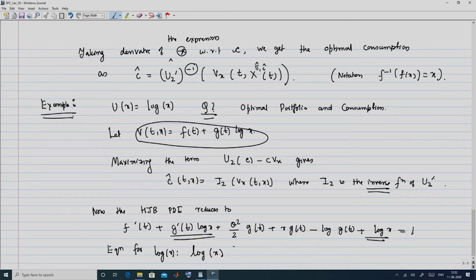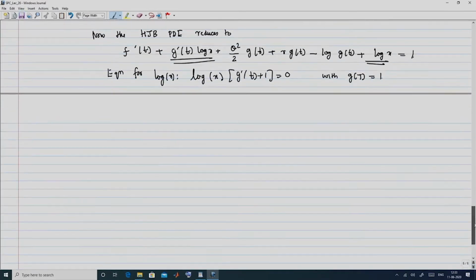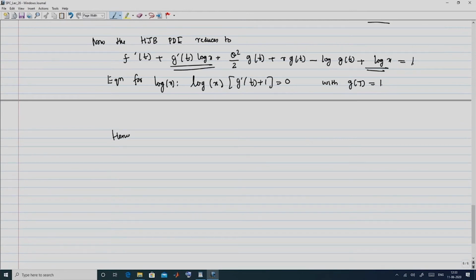So, this is going to be log of x into [g prime of t plus 1] equal to 0 with g(T) equal to 1. Hence the solution is g of t is going to be T minus t plus 1.